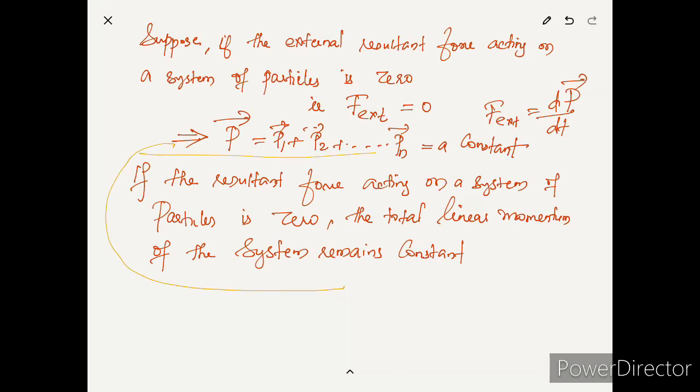So this is very important, that if the resultant force acting on a system of particles is 0, the total linear momentum of the system remains constant, and this is called the law of conservation of linear momentum.